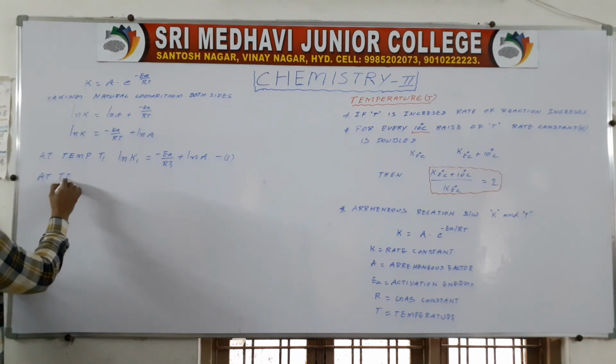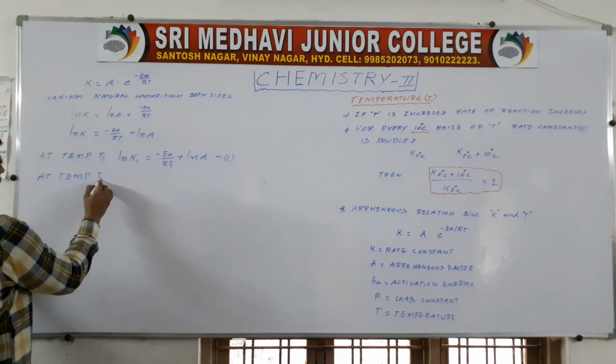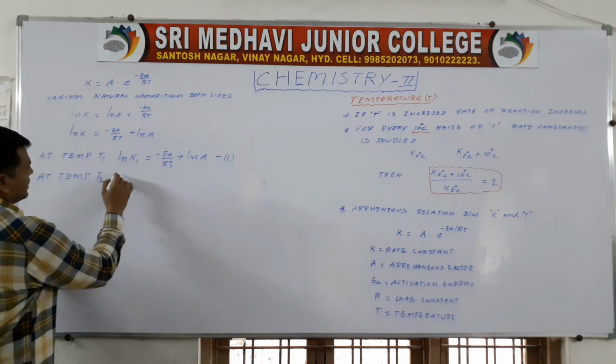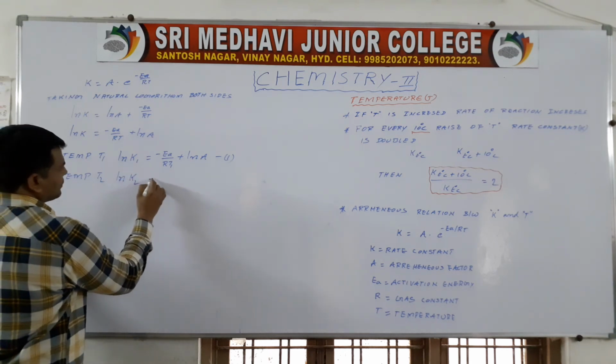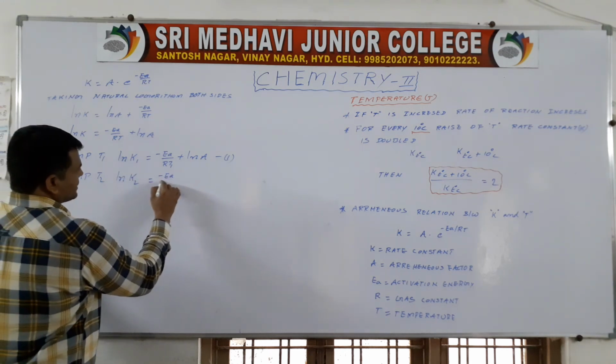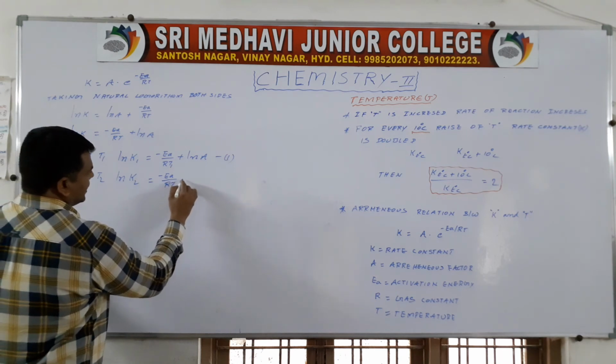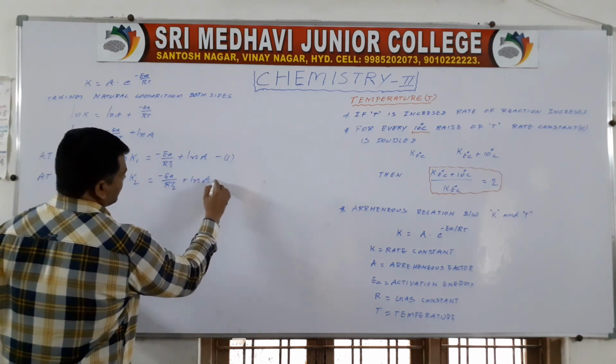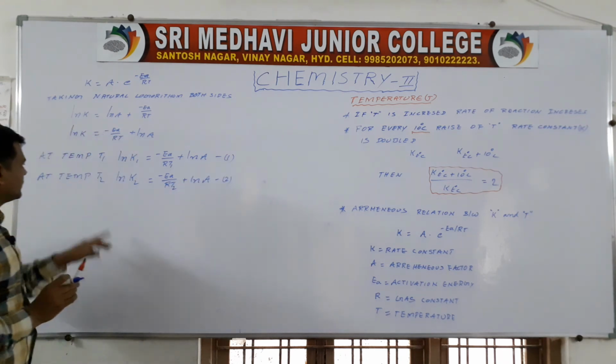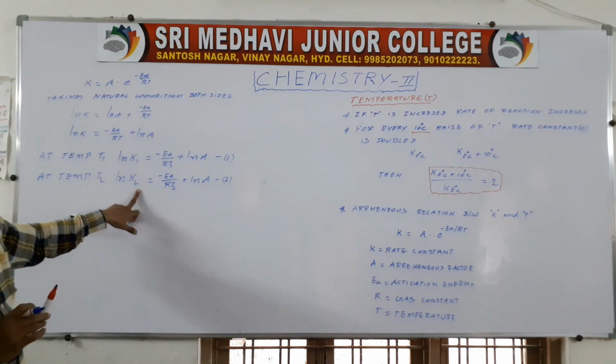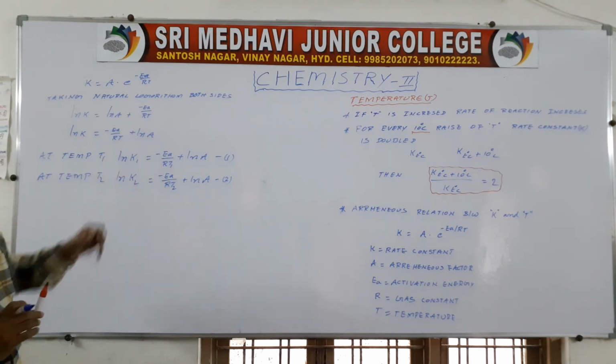At temperature T2, I am taking two temperatures, the natural logarithm K2 equals minus EA by RT2 plus natural logarithm A. It is equation 2. At T2 rate constant K2, at T1 rate constant K1.